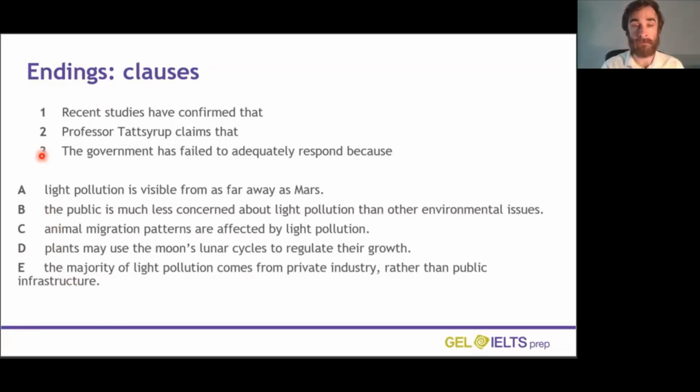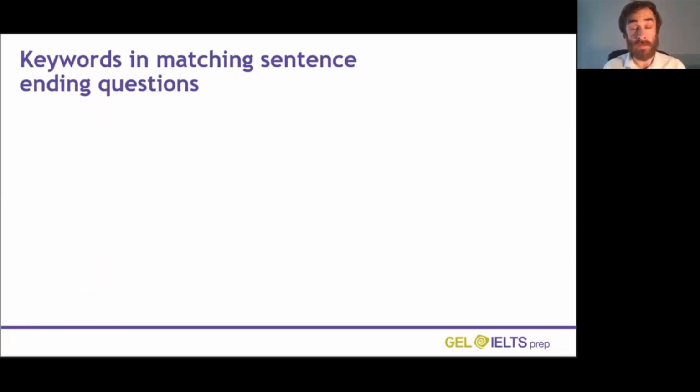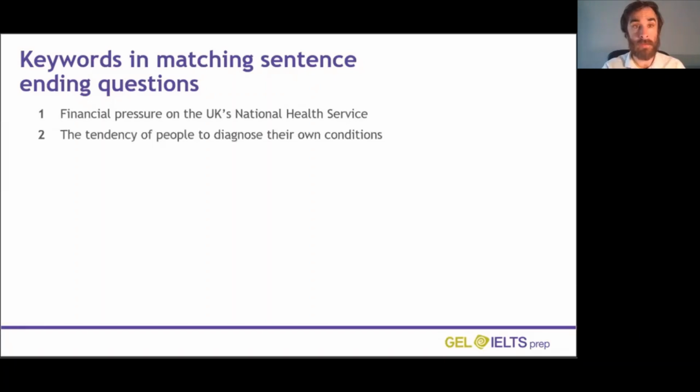Now we're going to look at a final example and practice locating the answers in the text. First, let's read through the questions. Number 1, financial pressure on the UK's National Health Service. Number 2, the tendency of people to diagnose their own conditions.